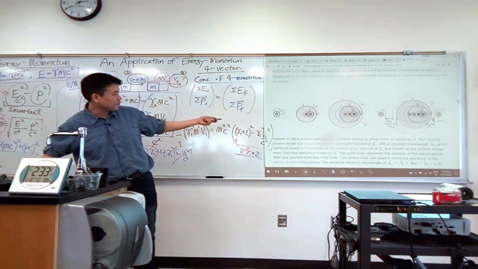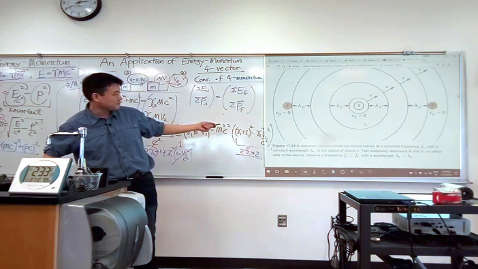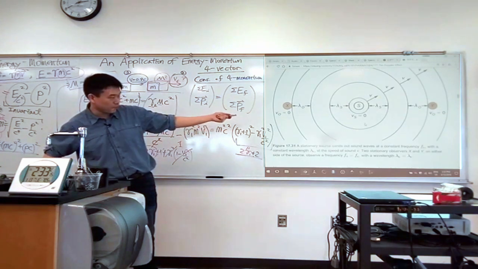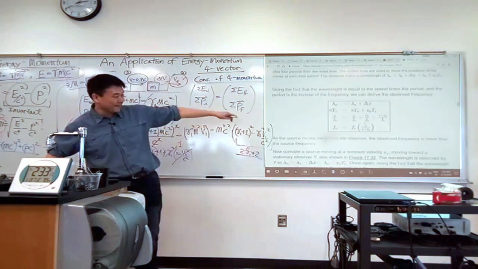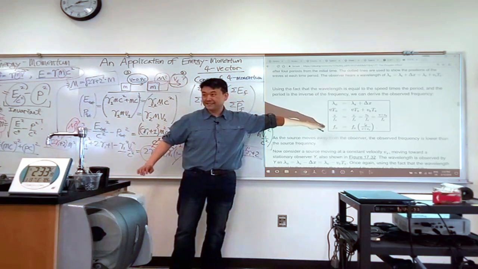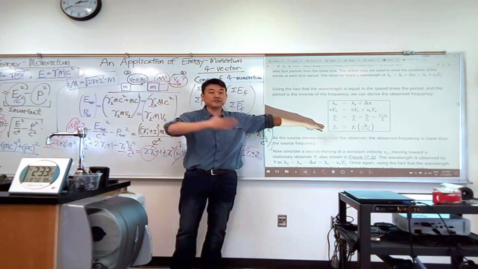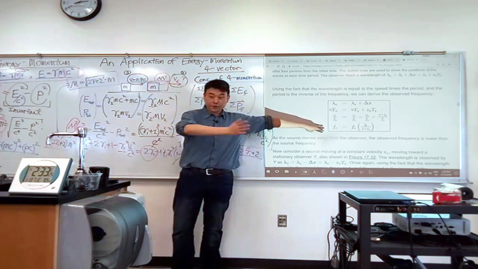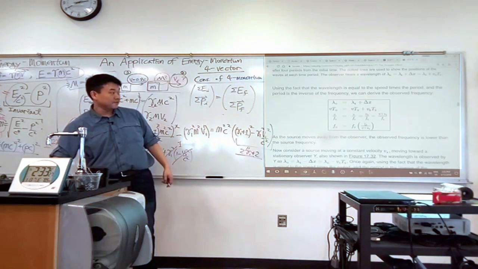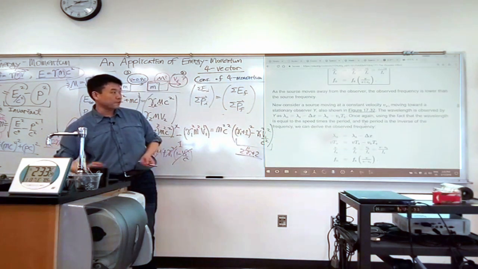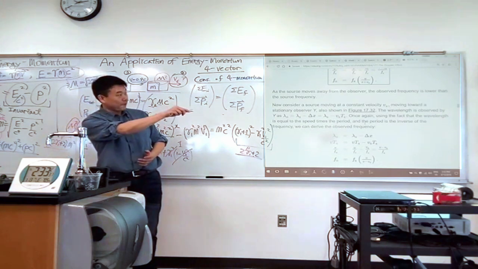So that figure I think goes with something else. Okay, here. Stationary source, moving observer, that's the formula that they derived here. And there's an entirely separate formula when you have a stationary observer and the source is the one that's moving.